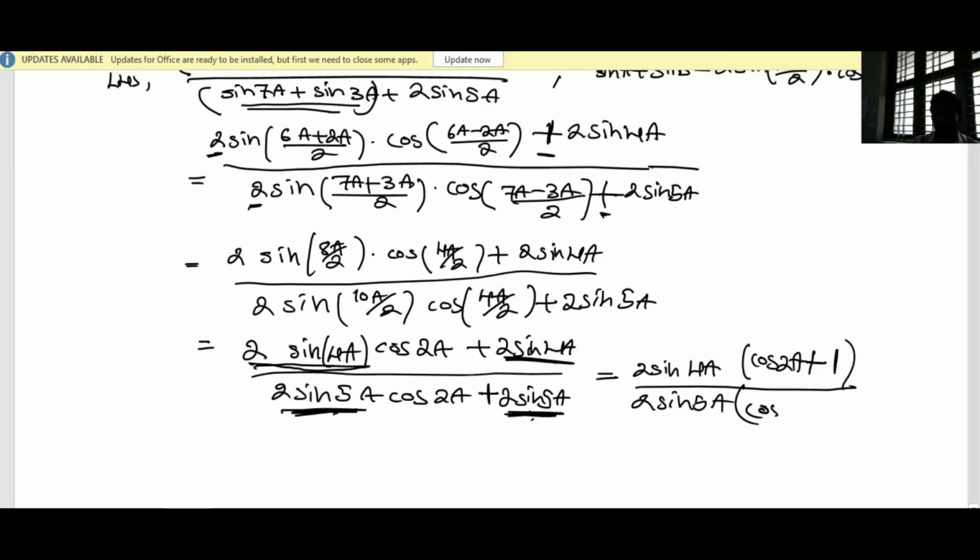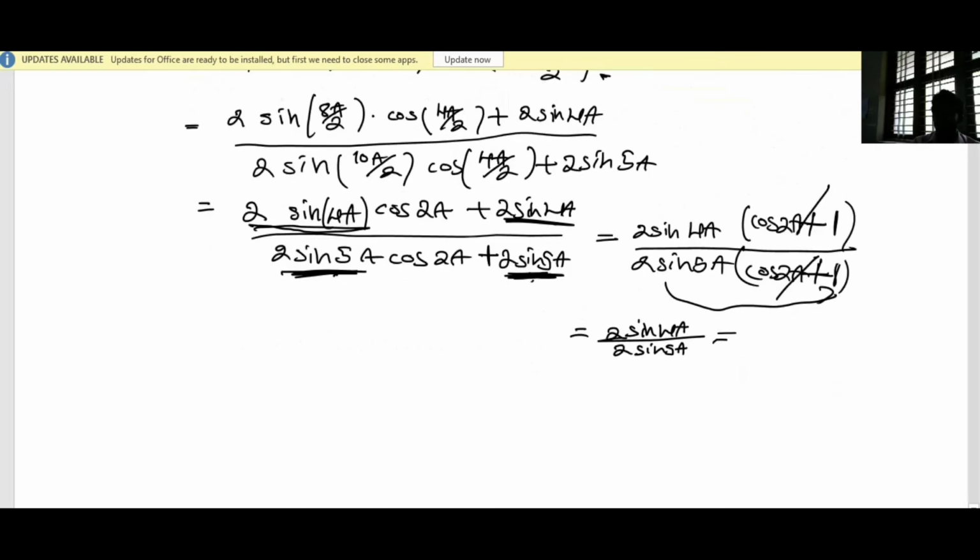Here cos 2A plus 1, because 2 sin 5A into 1 gives 2 sin 5A. Now observe, cos 2A plus 1 and cos 2A plus 1 get cancelled. You will get 2 sin 4A divided by 2 sin 5A. Okay. This is nothing but the RHS of the given question.